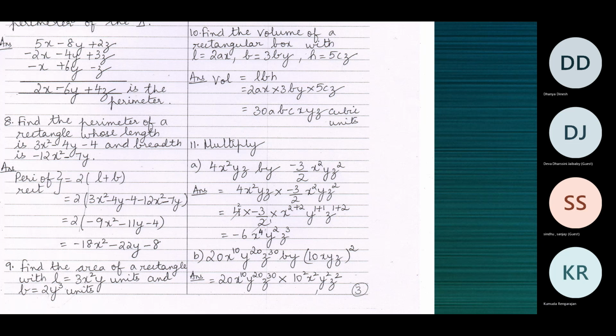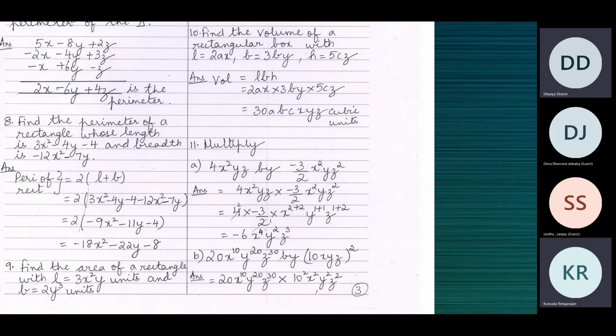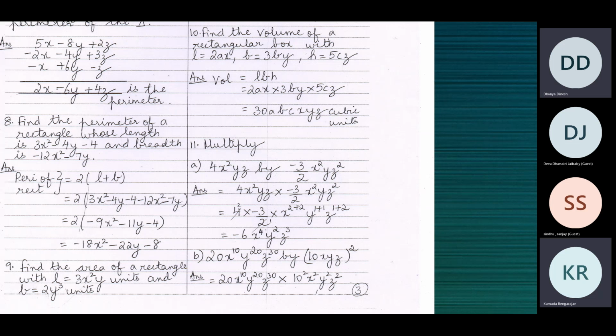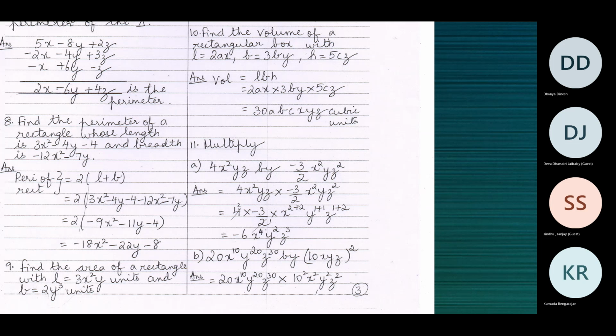No doubts? No doubts, ma'am. You sure you understood how to simplify using the law of exponents? When bases are the same, we need to add the powers. Yes, ma'am. Okay, and y means y to the power 1. Z means z to the power 1. All right. Then work the next one and tell me the answer, children. Work B.